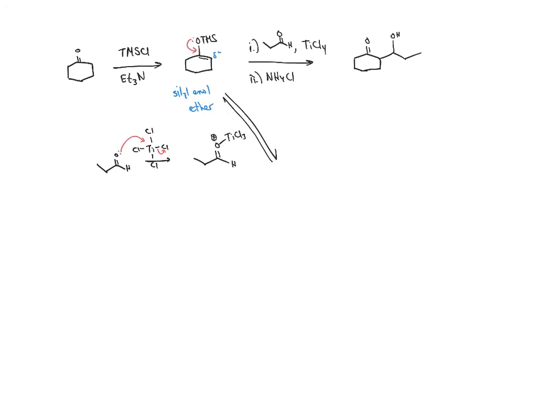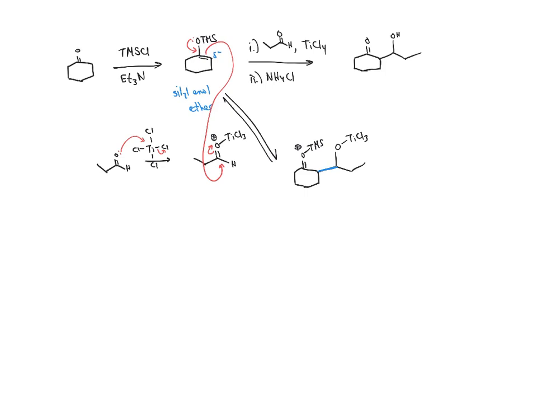And so on our silyl enol ether, the electrons on oxygen move down, the carbon attacks the carbonyl, electrons move up onto oxygen. And so now we have our new carbon-carbon bond formed. We still have a bond to TMS, so oxygen's positive. Again, our new carbon-carbon bond is this blue one right here.